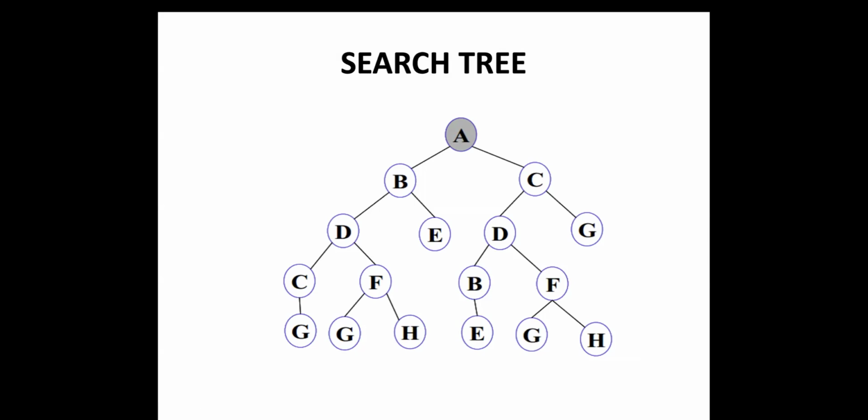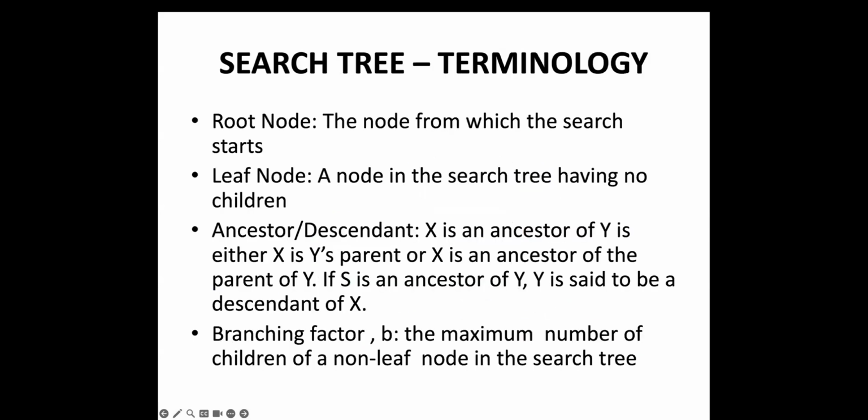These are what we are referring to as the leaf nodes. The solutions that we are looking for would typically be found on the leaf nodes. So one of these leaf nodes will most likely be the goal which we are trying to solve. A node in a search tree having no children is what we are calling a leaf node.